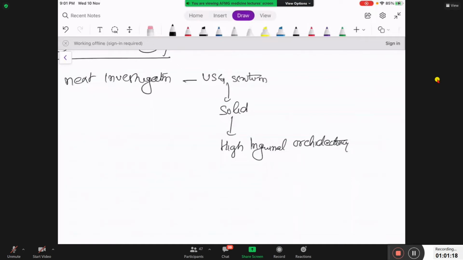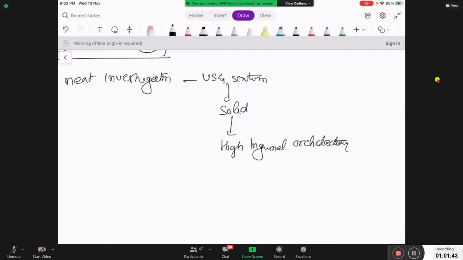Scrotum's lymphatic drainage goes to the inguinal nodes. Testis's lymphatic drainage goes to the para-aortic and inter-aortocaval lymph nodes. So if you approach from the scrotum, you can spread the malignancy to the scrotum and it will go to another lymph channel and become a distant metastasis. So we don't want to do that. So we will do an inguinal orchidectomy.